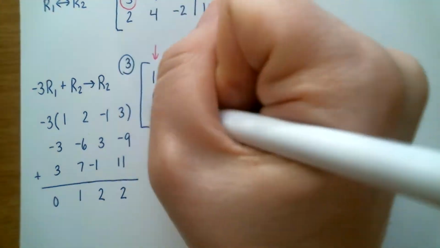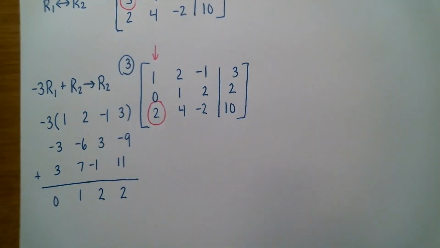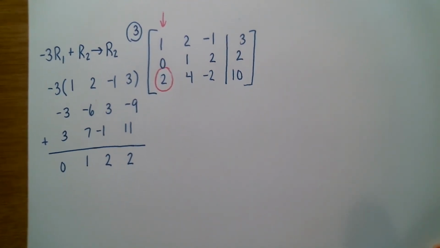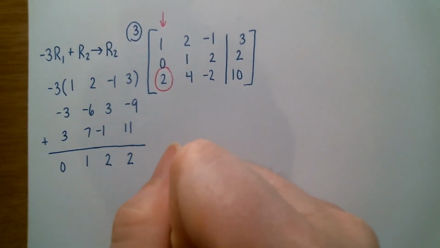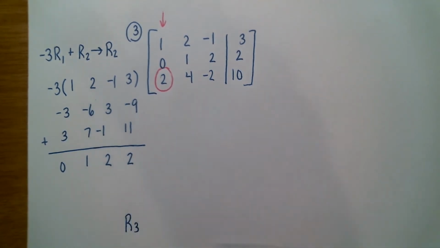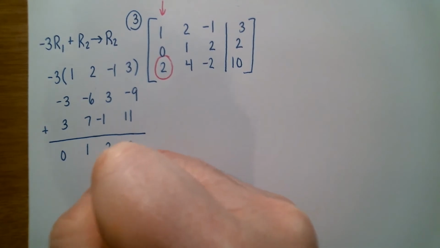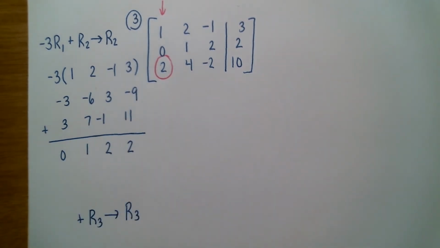All right, still working in the first column. We've got to zero out this 2. So we are going to again do our third row operation. This time we are changing row 3. So we need to add to row 3 a multiple of another row. Again, rely on that 1 on the main diagonal.